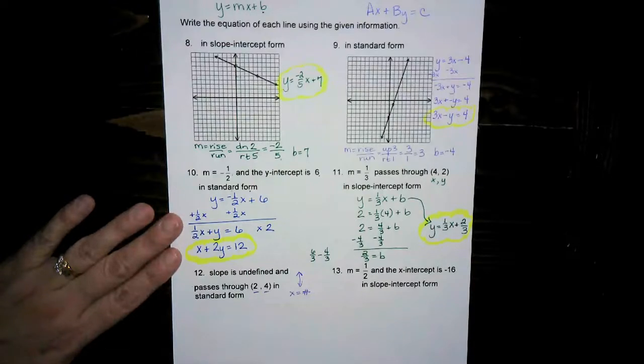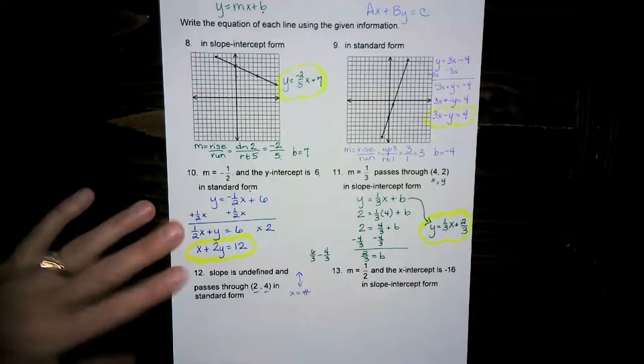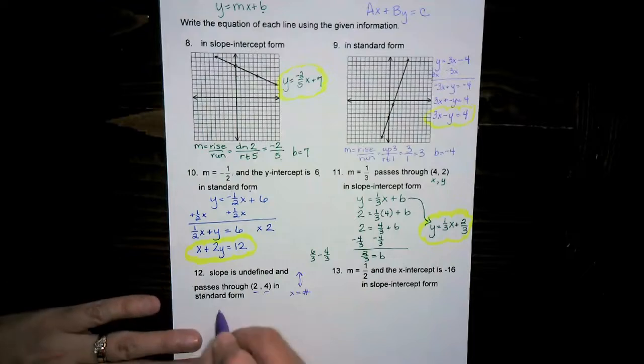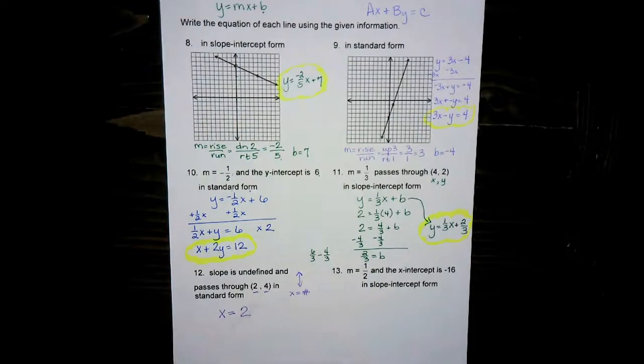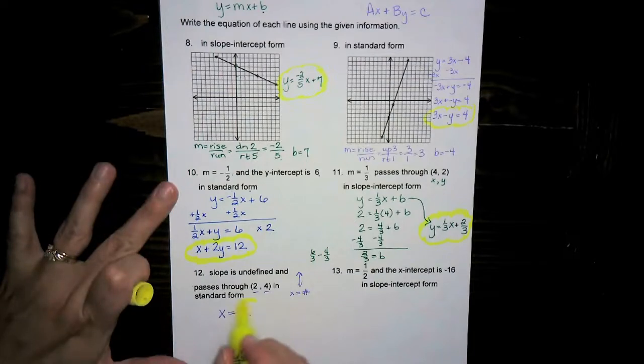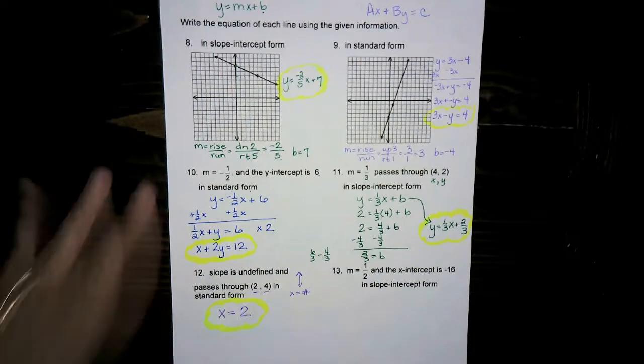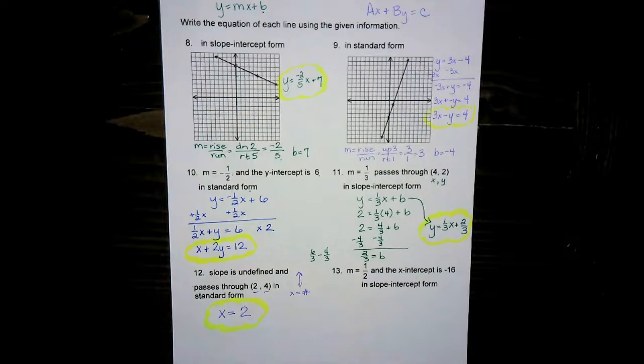Which one of those is x? You're right. It's 2. And so we can just write this equation as x equals 2. And you're not going to have to do any more work than that. That's it. So vertical lines, x equals a number.